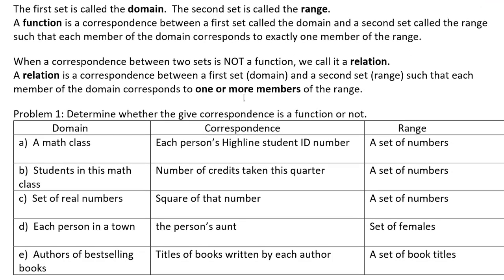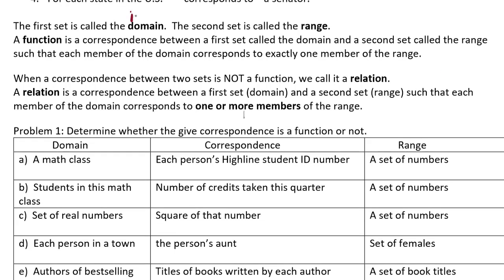As we progress through this quarter, we're going to use words called domain and range to represent an input and an output. The input is the domain, and the output is the range.